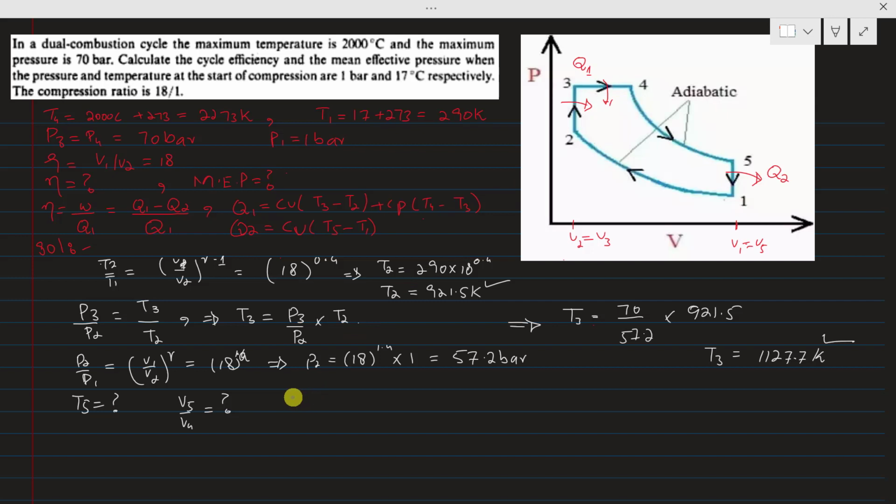I can write V4 divided by V3 equals T4 divided by T3. T4 is 2273, and T3 is 1127.7. After simplification on the calculator, you will get the value 2.015.